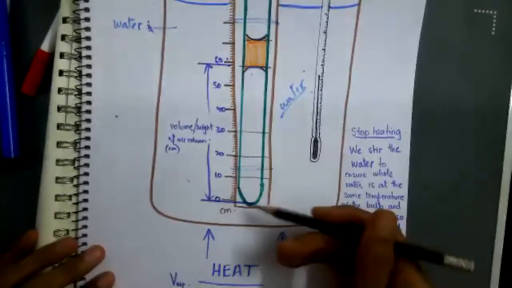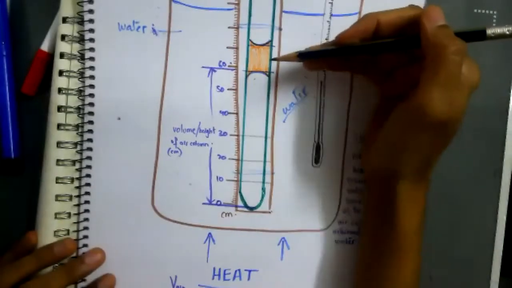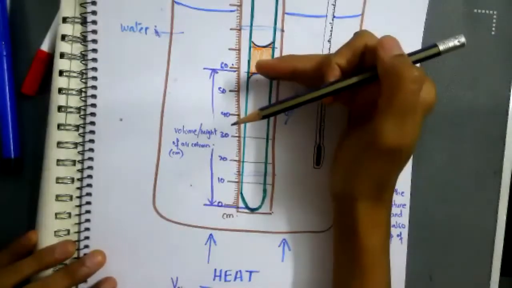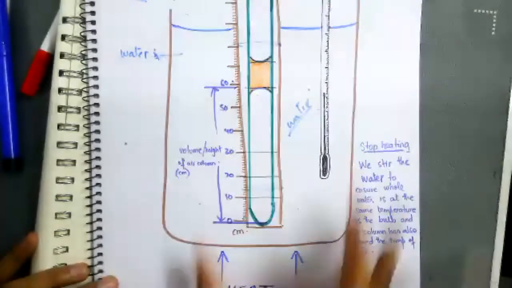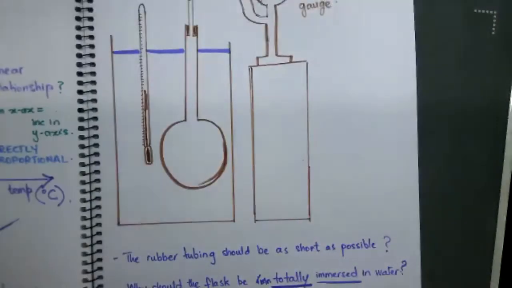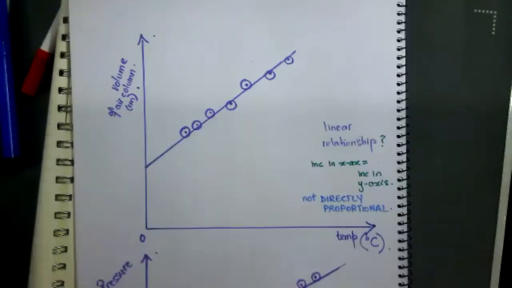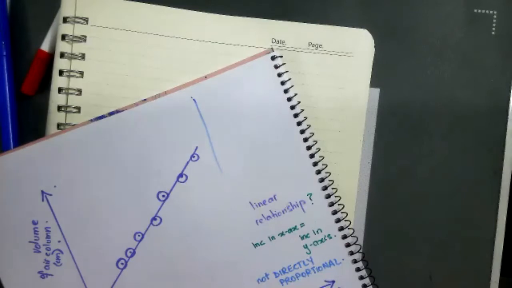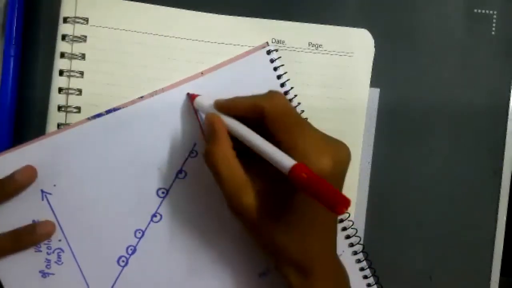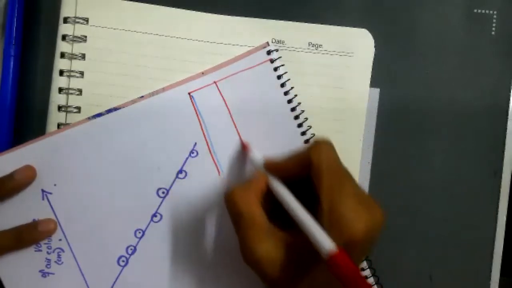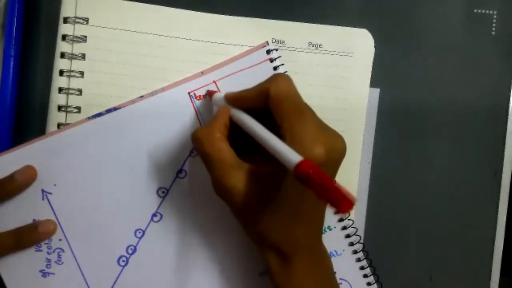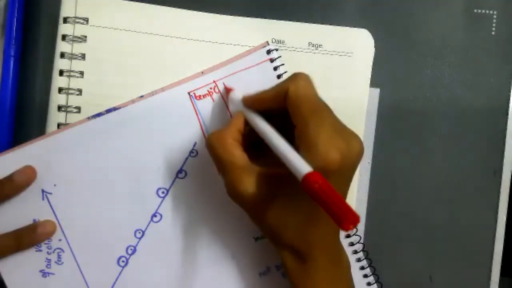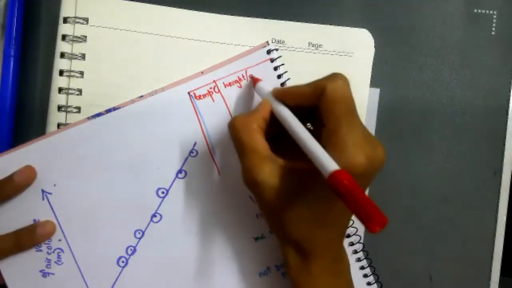So as we increase the temperature, we record the height of the air column and tabulate our results. We can make a table like this, with temperature in degrees Celsius in this column and height in centimeters in this column.